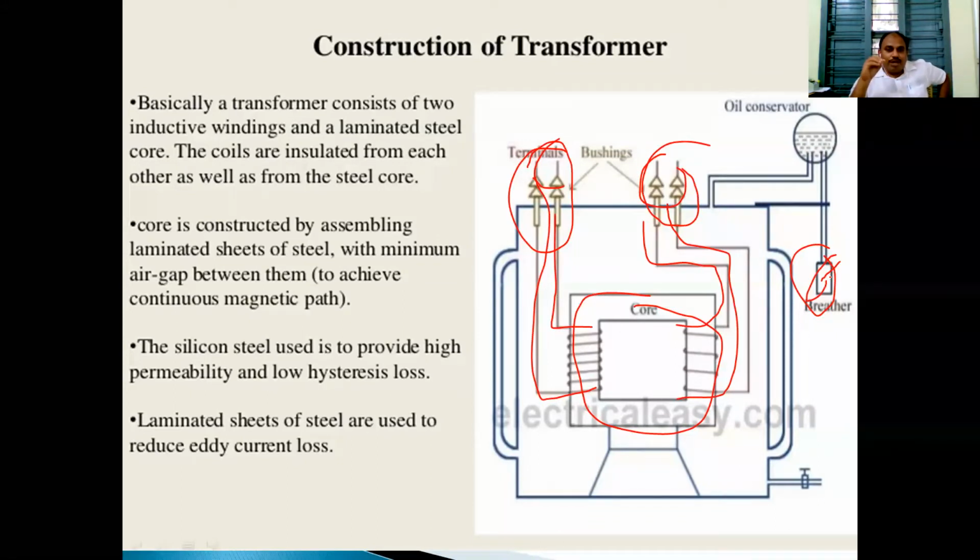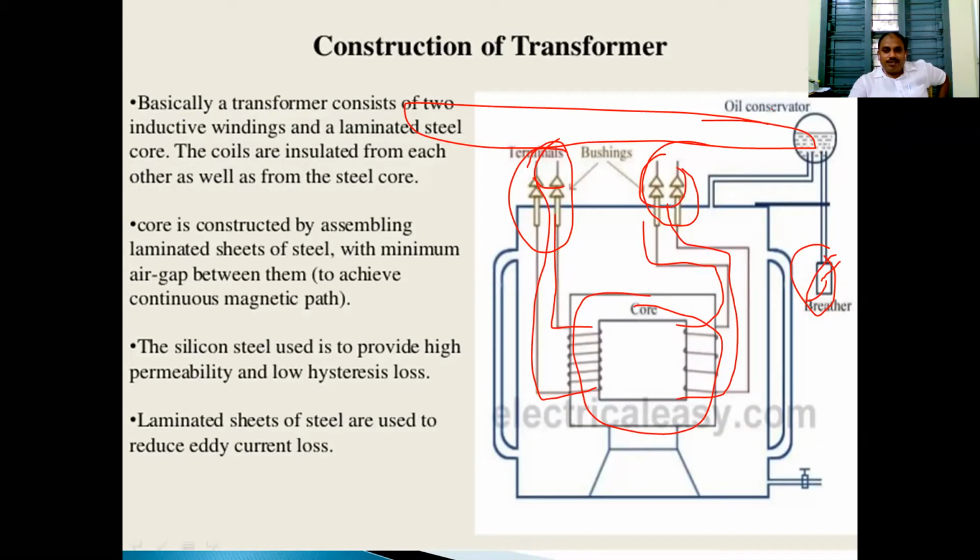The silica gel removes the moisture from the transformer oil. Here is the conservator tank, which acts as a reservoir for transformer oil. Transformer oil may expand or contract depending upon the load. If the transformer is overloaded, the oil heats up because of losses and expands.